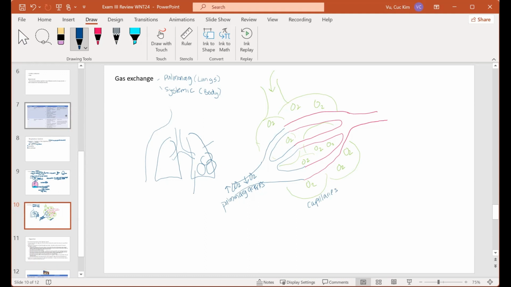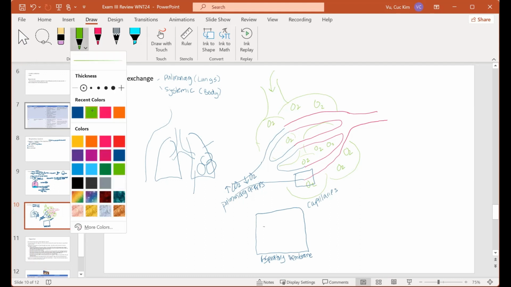So in order to understand this, we have to take a look at this membrane right here. Let's take a look at the respiratory membrane. So the respiratory membrane consists of, blue green, the alveoli.